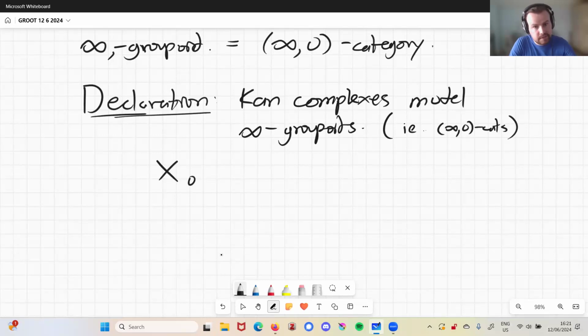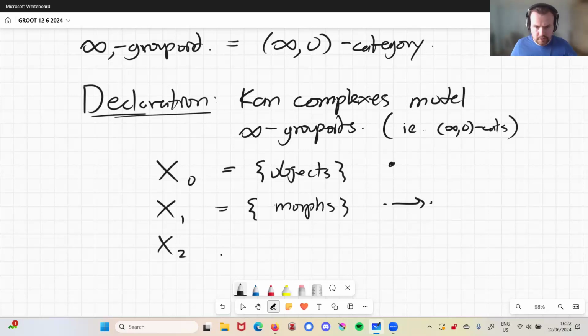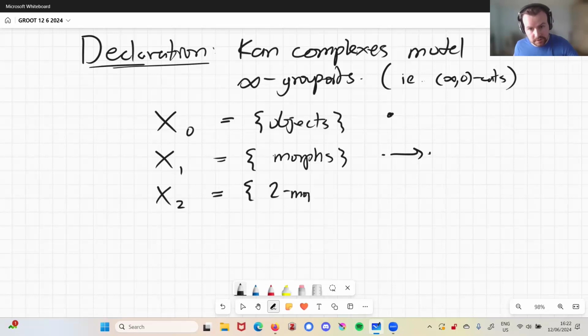Okay. So the interpretation here is that if we have a Kahn complex X, X0, which is the image of the zero simplex, we should see this as the set of objects. So pictures like this. X1, we should see as the set of morphisms. So pictures like this. X2, there are two ways we could interpret this. One of them is to say, well, this is just the two morphisms. But a more useful approach for us today is going to be to see this as the set of compositions.